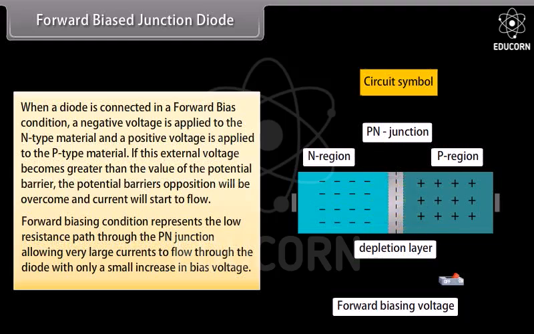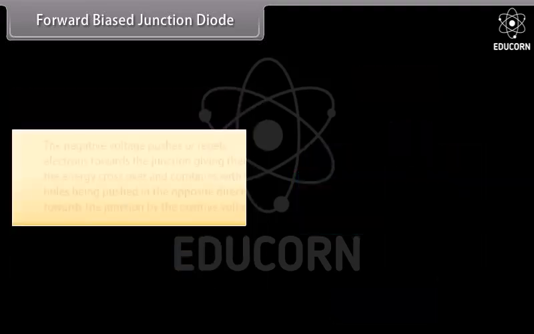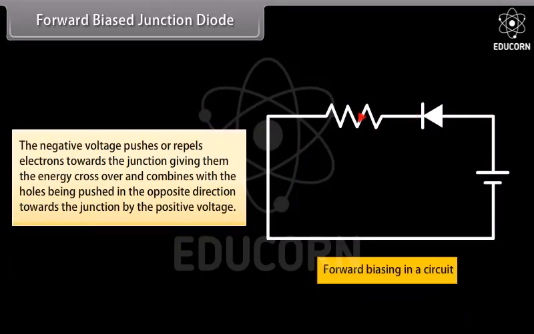The actual potential difference across the junction or diode is kept constant by the action of the depletion layer. The negative voltage pushes or repels electrons towards the junction, giving them the energy to cross over, and combine with the holes being pushed in the opposite direction towards the junction by the positive voltage.